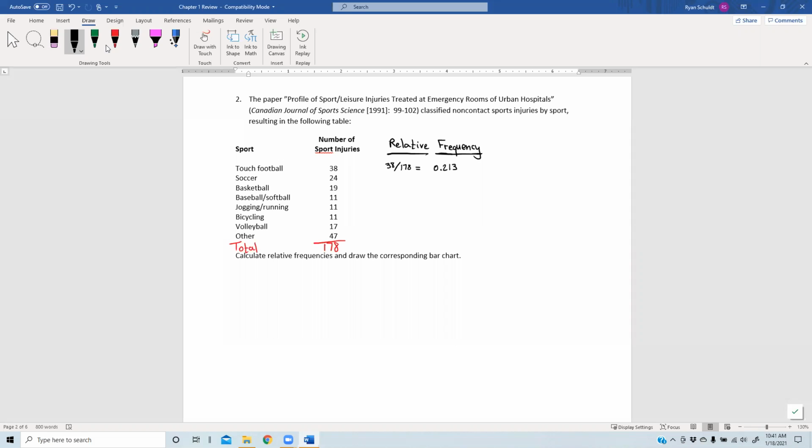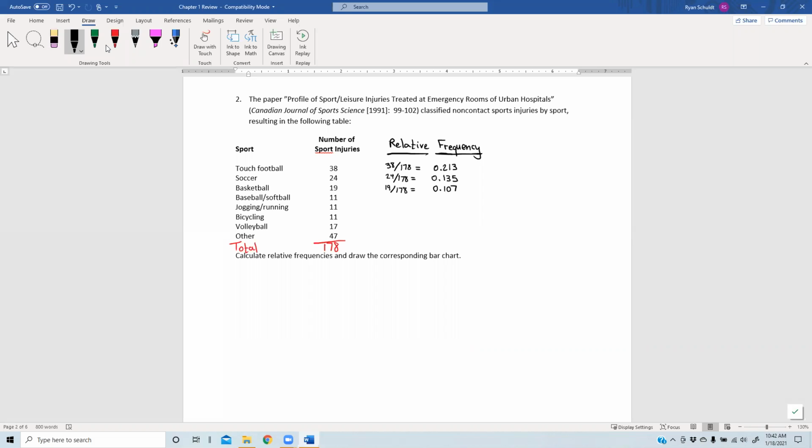For soccer, it would be 24 divided by 178, which gets us 0.135. For basketball, it would be 19 divided by 178, and that gets us 0.107.